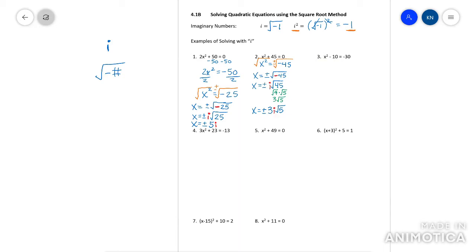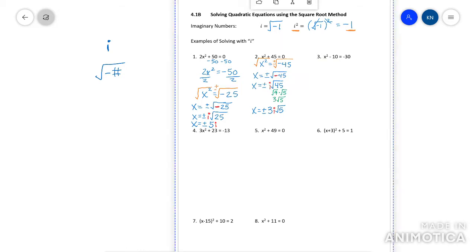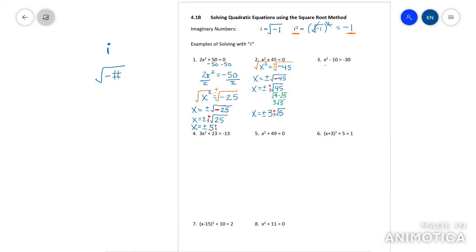But also, again, if you see a negative in a root, just write it as a positive root with the letter i in front. Okay, let's keep going. This next one, I would add 10 very first thing. So now I'm at x squared equals -20. Then I would root it. Don't forget plus minus. So now it's x equals plus minus root of -20.